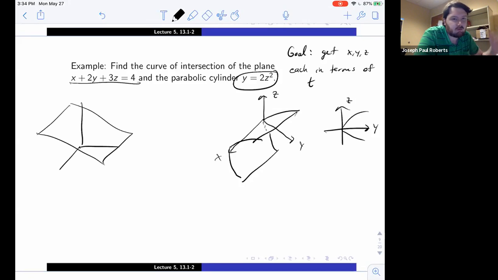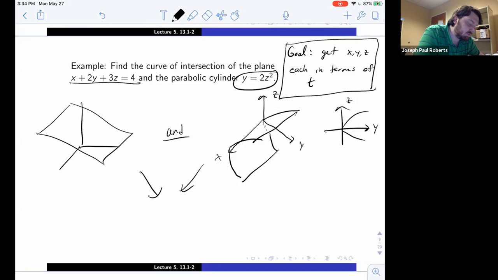This, of course, we recognize as the equation of a plane. The whole idea is we want the curve that these two surfaces have in common, so which points live on both of them. Our goal is to get x, y, and z each in terms of t. If I know z, then I know y.